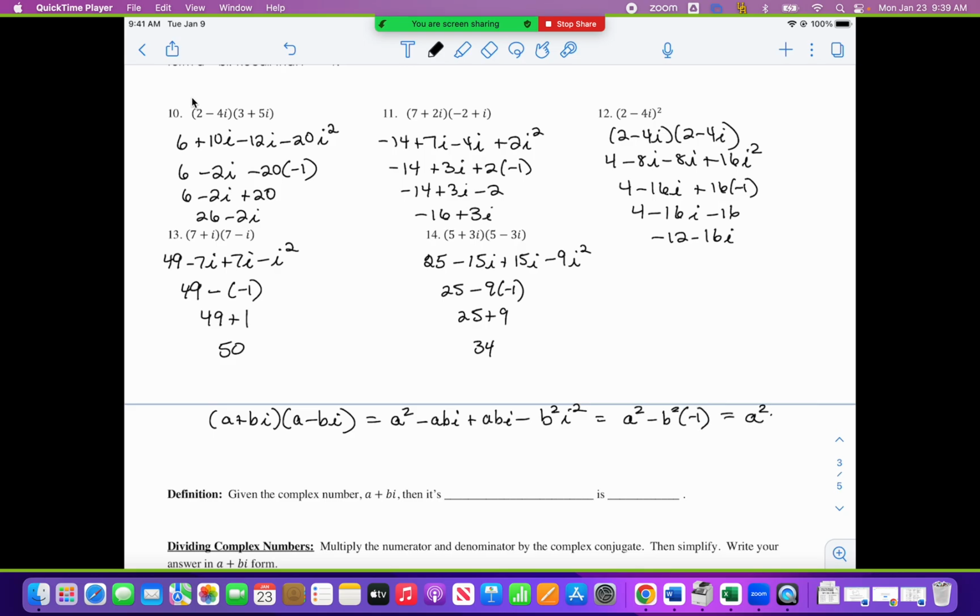So this is actually going to give you a squared plus b squared.